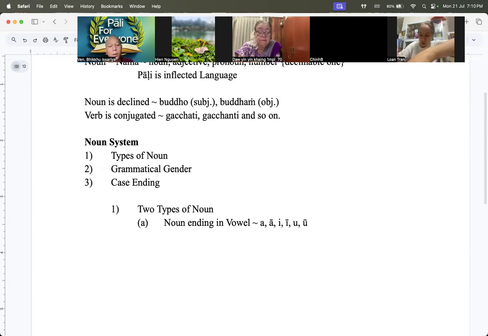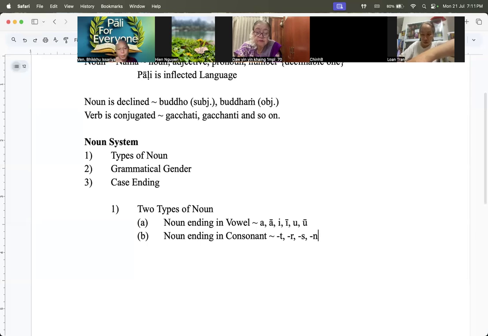And then the second one is noun ending in a consonant. Those have endings in the da consonant, the ra consonant, the sa consonant, and the na consonant.